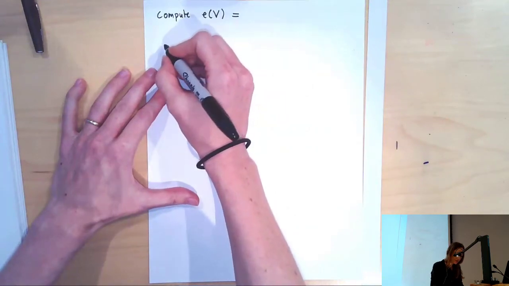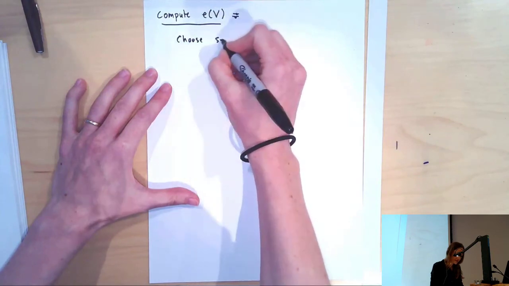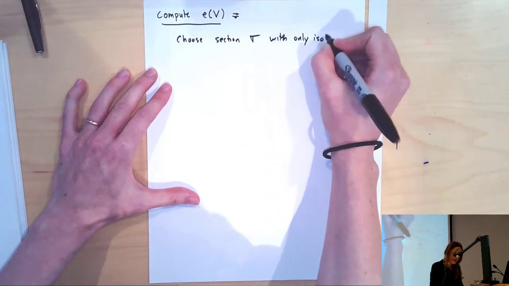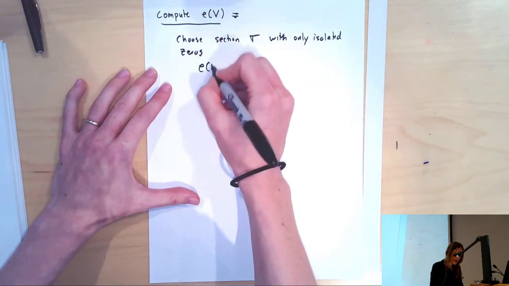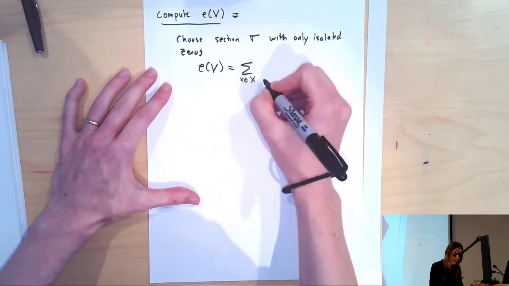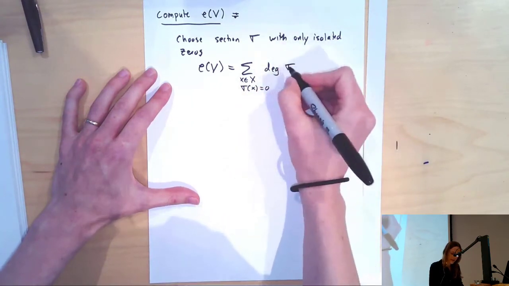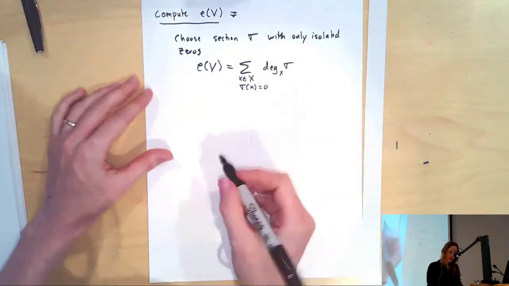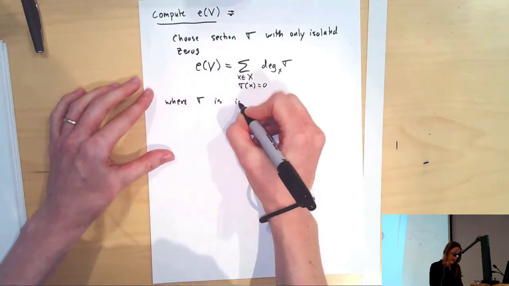If you choose a section sigma with only isolated zeros, E of V is the sum over these zeros of the local degree of the section at x, where we first identify sigma with a function.